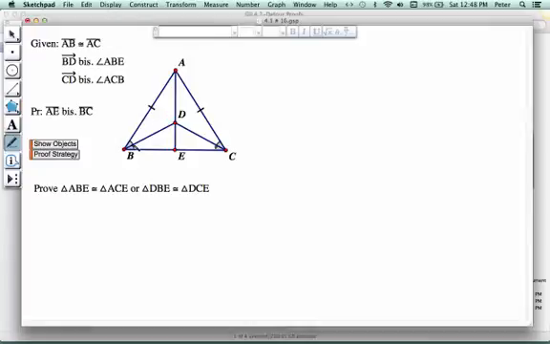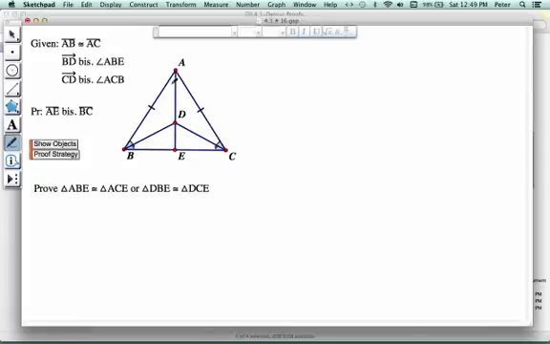We have a side and an angle, and so if we could just get BE congruent to CE, we'd have side angle side. But wait a minute, if we knew BE was congruent to EC, or if we could show it, we wouldn't need to prove the triangles at all, because that would be what we're supposed to prove. So that can't be it.